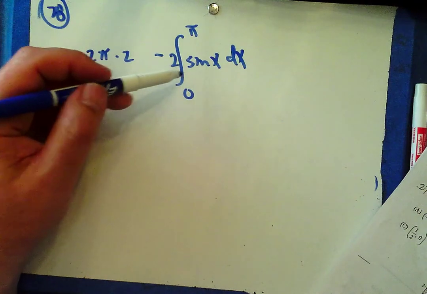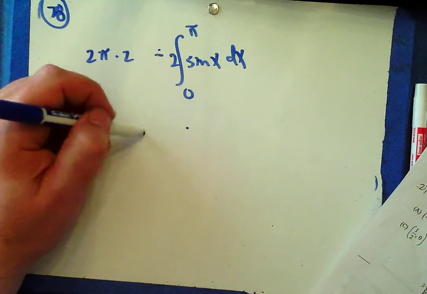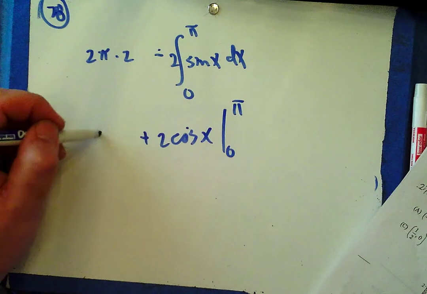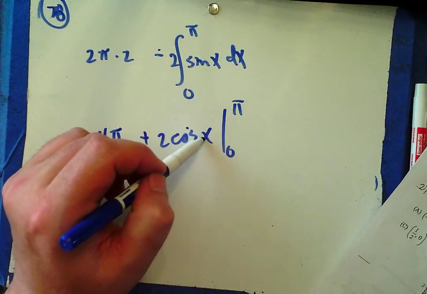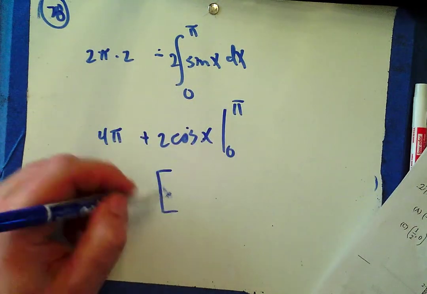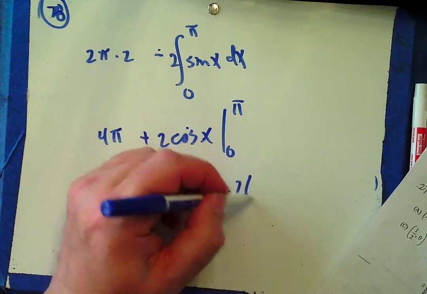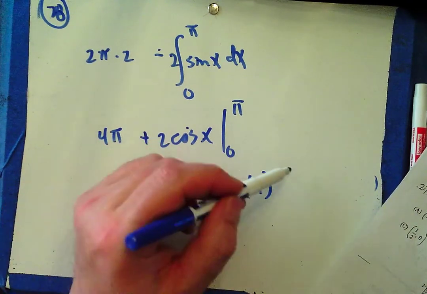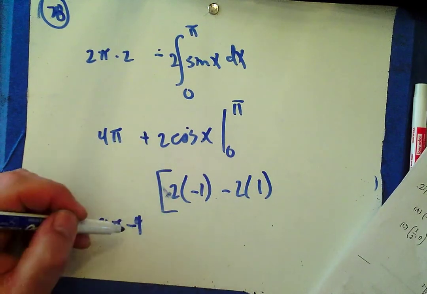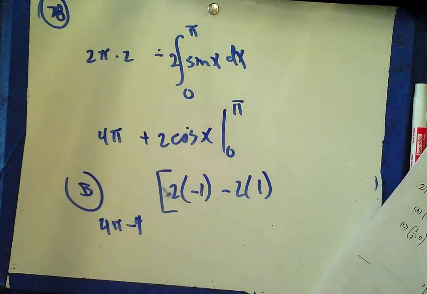The integral of sine from 0 to pi, that's going to be, oh, it's negative cosine. So plus 2 cosine x from 0 to pi. Let's plug in the pi first. 2 times negative 1 minus 2 times 1. And that's going to be minus 4. So 4 pi minus 4. 4 pi minus 4 is choice B for number 28.